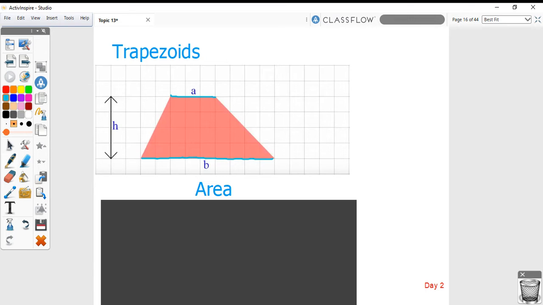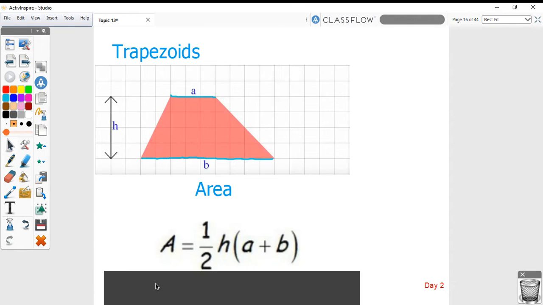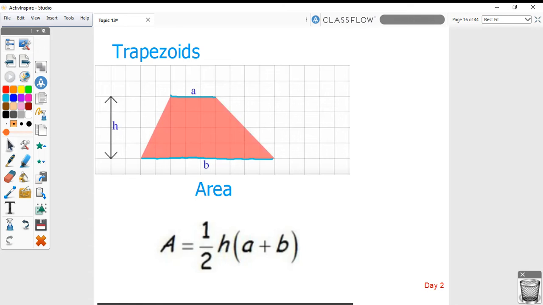When we look at the area of a trapezoid, we're going to do 1/2 times the height. The height is the distance in between the bases, the same thing that's labeled over there to the left.